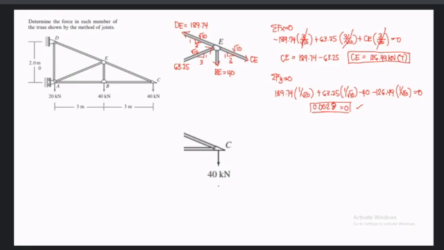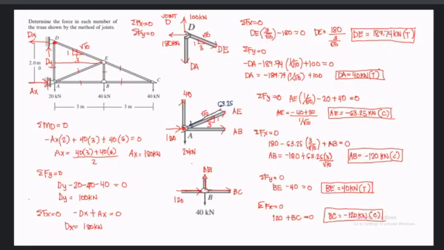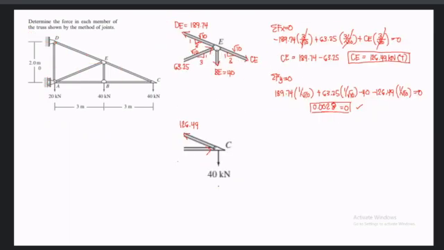Kung gusto mo pang makasigurado, so na-solve natin si CE. So it is under tension. So this is 126.49. And then si BC na-solve na rin natin. Anong value ni BC? Tatandaan niyo pa? 120. Okay, and then slope nito is 1, 3 square root of 10. So summation Fy tayo is equal to 0. Kailangan mag-0 to, no?